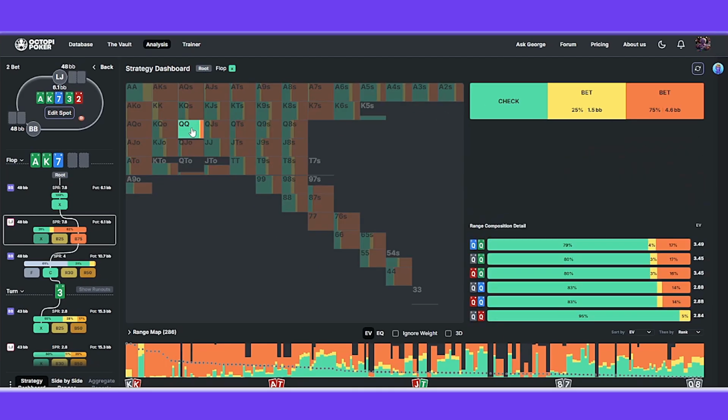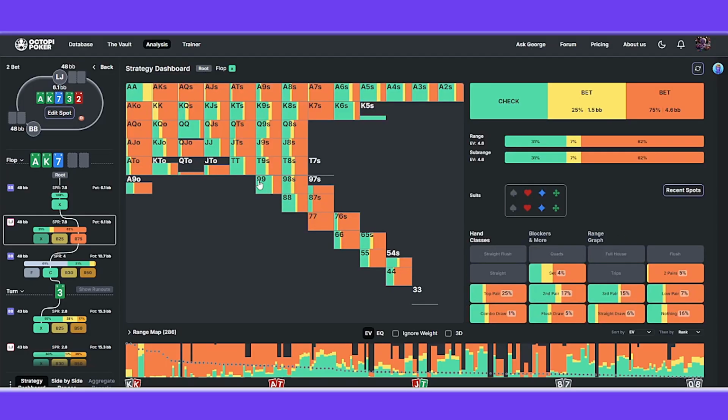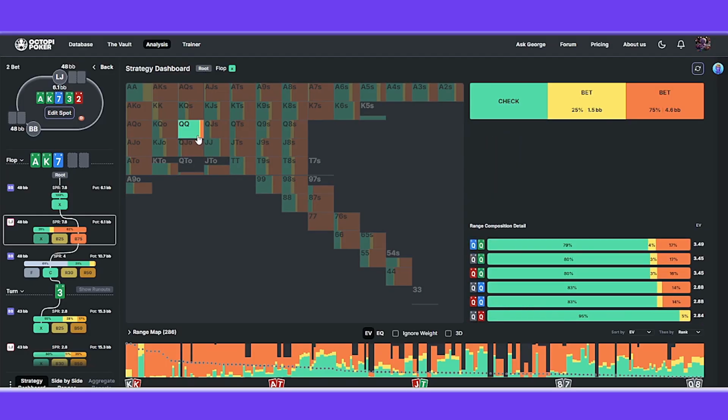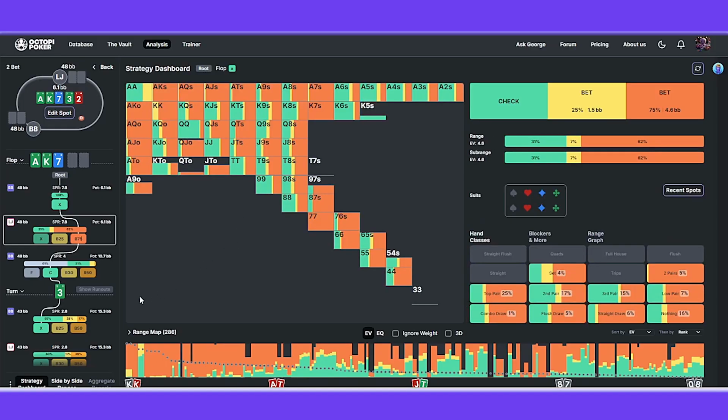You'll see the hands that really want to check here, the underpairs, the pocket pairs under the king. They're going to have these hands too frequently, allowing you to do things like check-call the flop and target these hands very effectively with a bluff later in the hand.